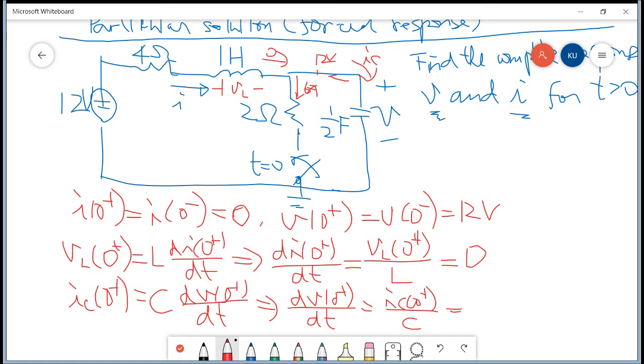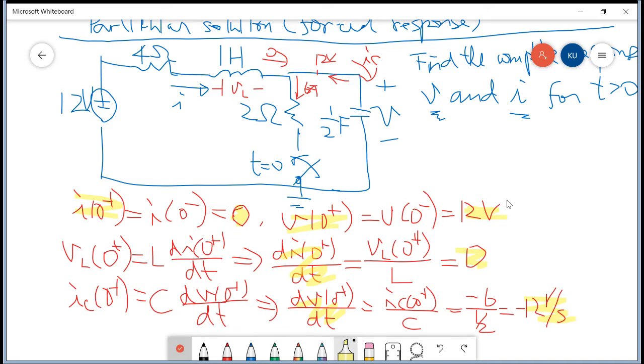And in this case, IC should be minus 6, so it should be minus 6 over 0.5, which is minus 12 V per second. So actually we have this as the initial condition, this is also another initial condition.